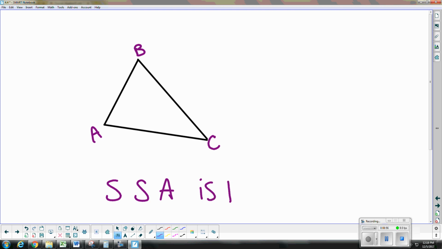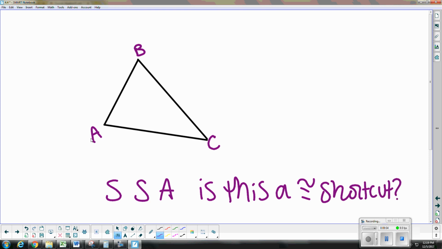Is this a congruent shortcut? If we have this side-side angle, does that show that the triangles are congruent? Let's keep this angle. We're not going to change it. Let's keep this side. We won't change that side. Okay, so side, side, angle. We have a side, and we have another side.